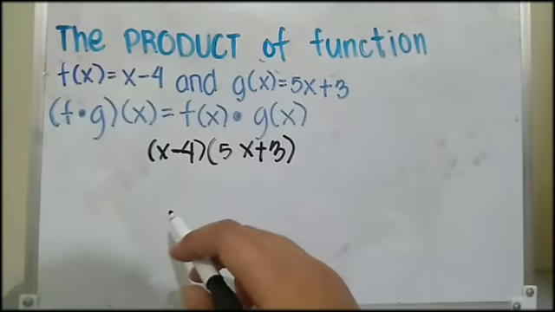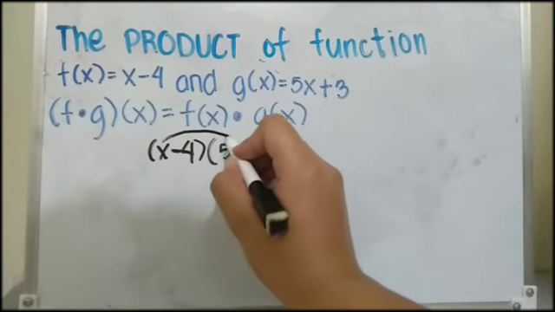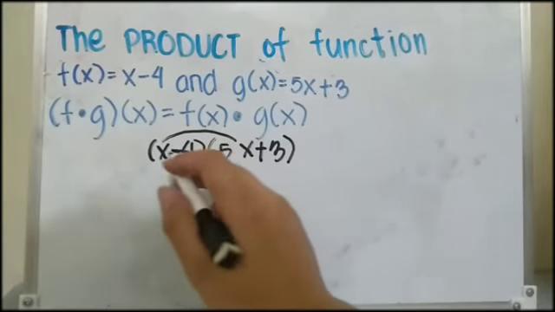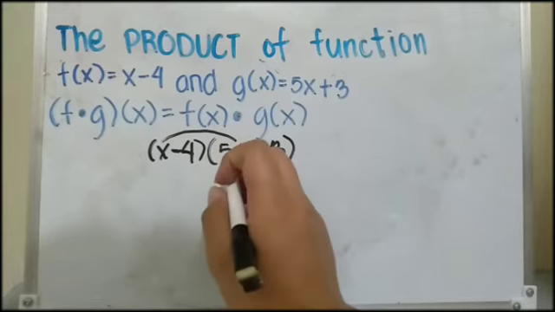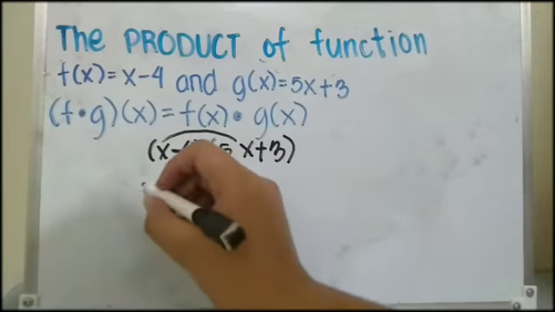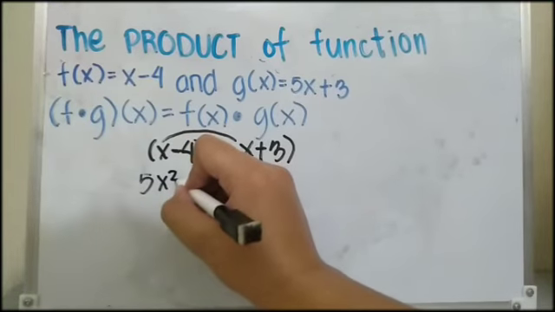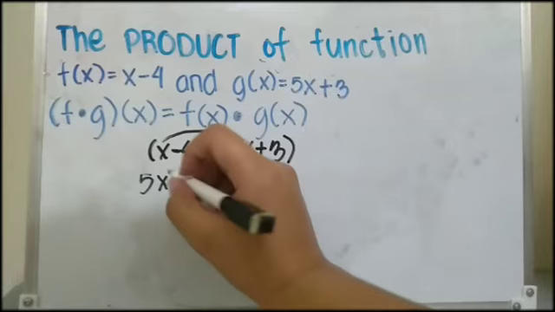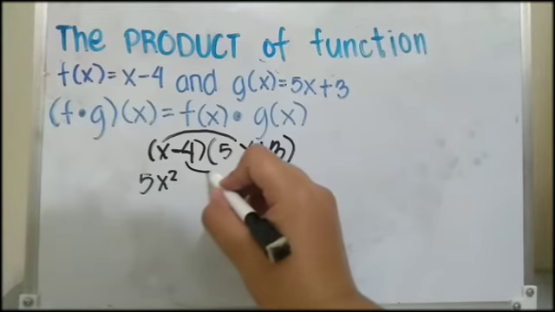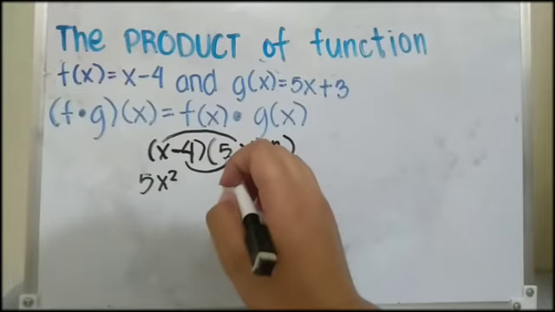So first we're going to multiply x and 5x. So x multiplied by 5x equals 5x squared. Then the next thing that you're going to do is to multiply the second and the first number.